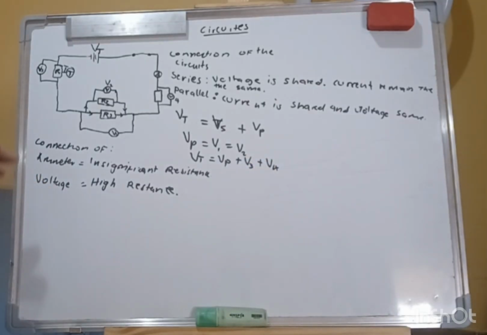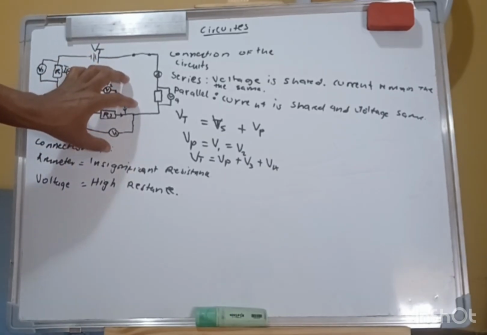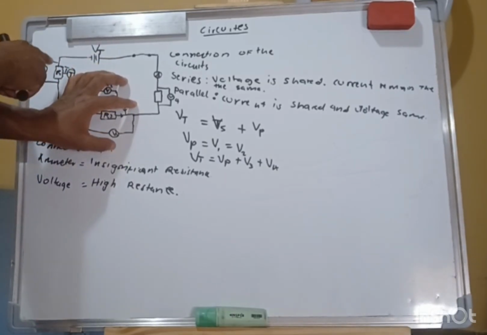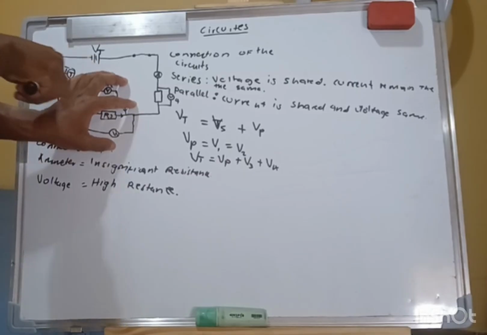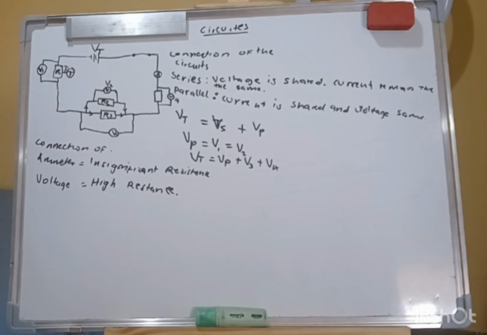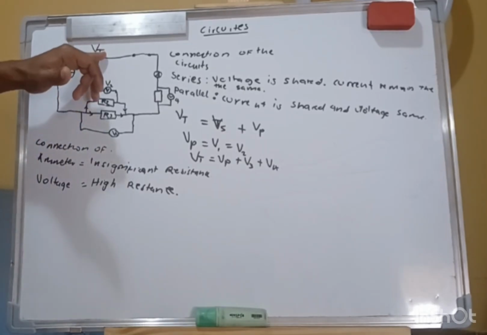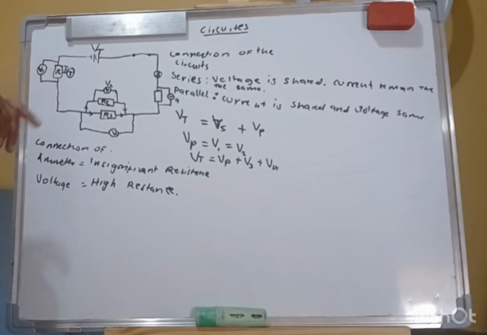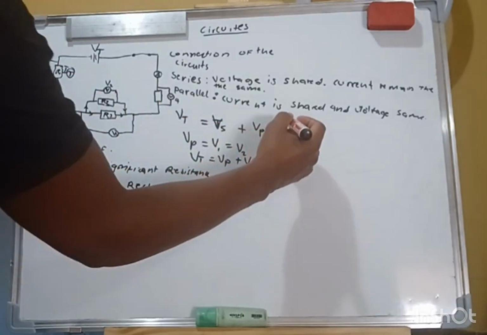It is very important you understand that in this circuit, as much as this is a parallel part, it is also in series to this one. This whole part is in series to that one and this one. That's why we are adding them. Maybe let me speak about the series.